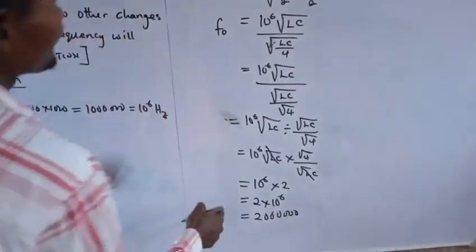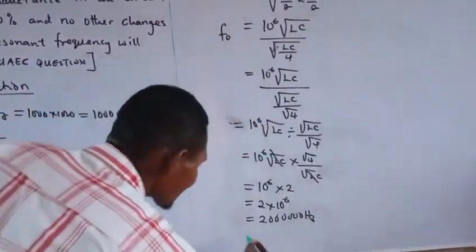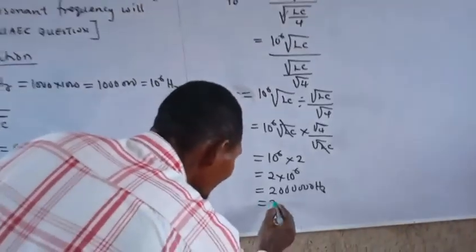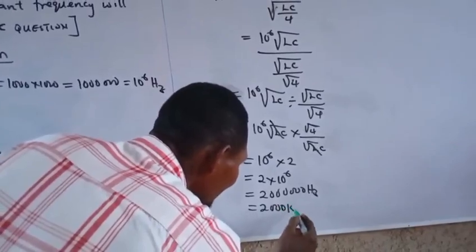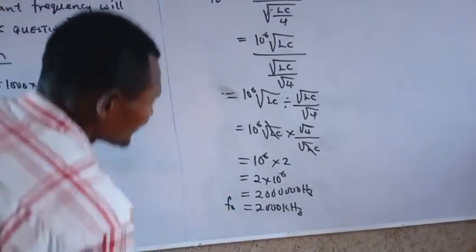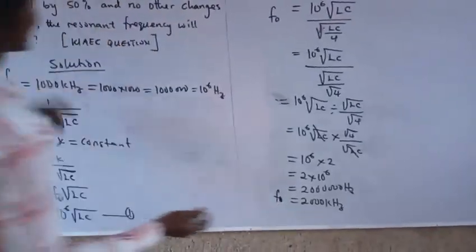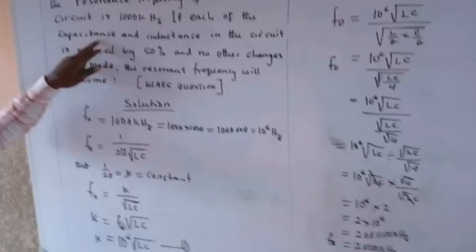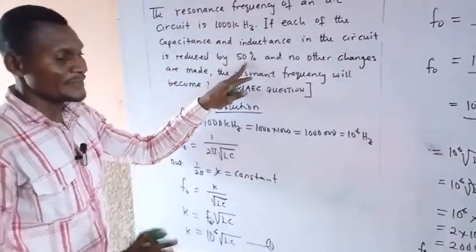So that is 2 million Hertz. Writing it in standard form, this is 2000 kilohertz. So this is the resonance frequency as required when the capacitance and the inductance are reduced by 50%.